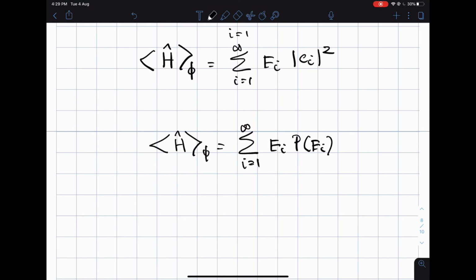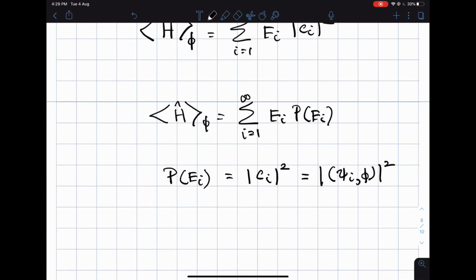Comparing these two equations, we see that P, the probability that in an experiment we will get the value Ei, is given by the modulus squared of Ci, which is equal to the modulus of the inner product of psi i and phi, squared. So this is the interpretation of the inner product between two different states.